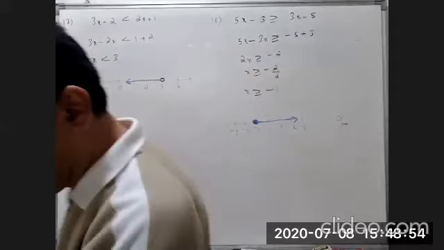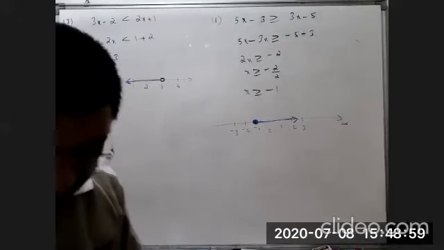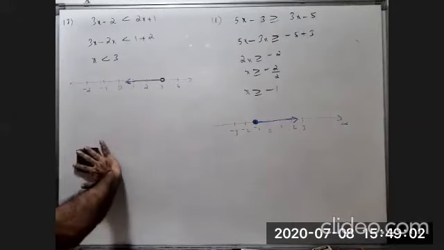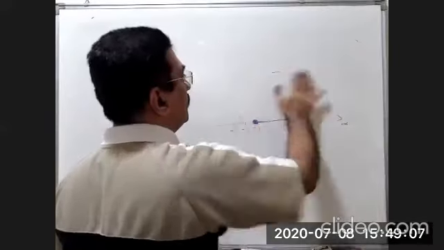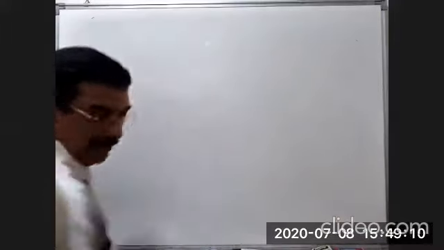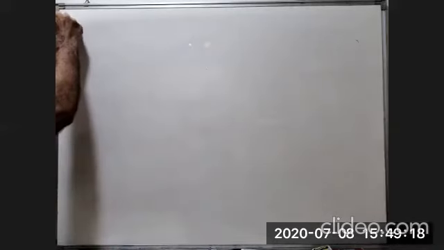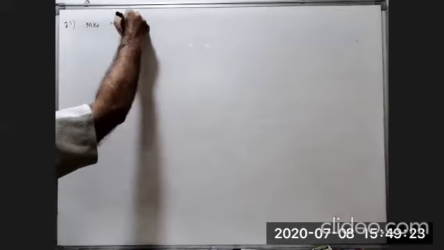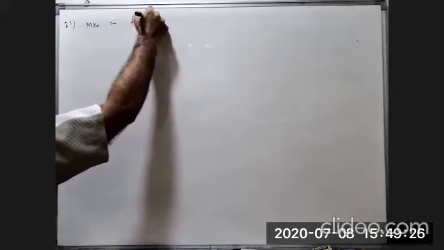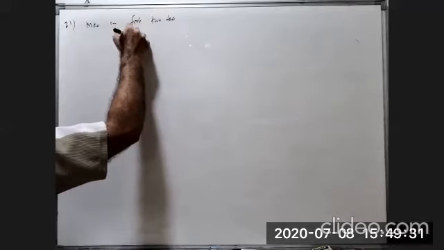Now, 19 and 20, you can try the small ones. It's an easy one, same thing. The 21st one. Ravi scored 70 and 75 marks in the first two unit tests.